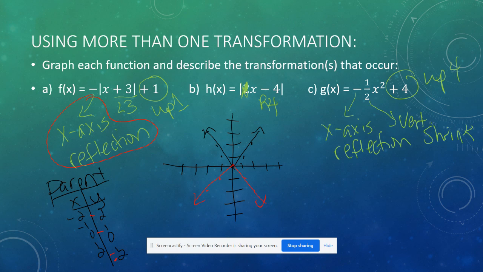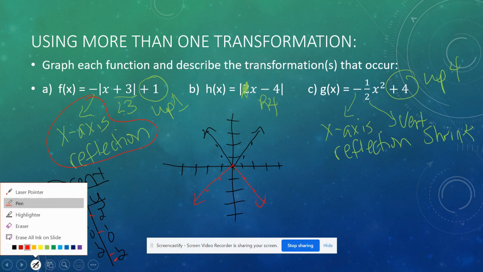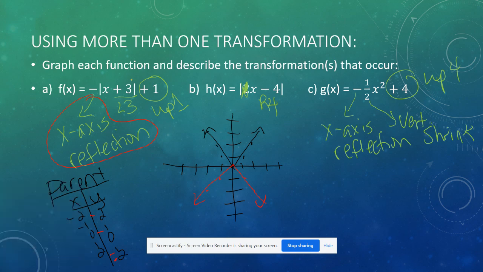So there's the red. And then we're moving left 3 after that. So I take all of these points and slide them left 3. 1, 2, 3. 1, 2, 3. 1, 2, 3.